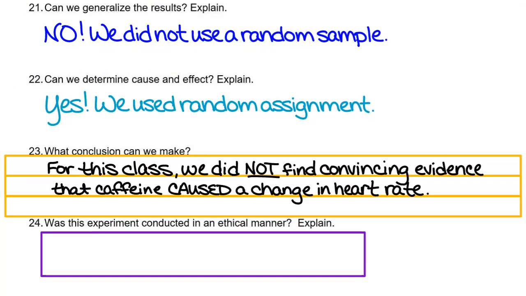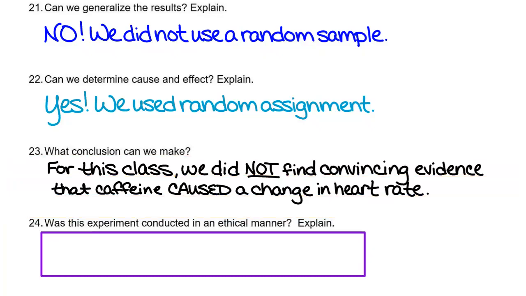At least not at the levels that we consumed it in. A drink with 3 ounces in it that contains caffeine was not enough to cause a change in heart rate.